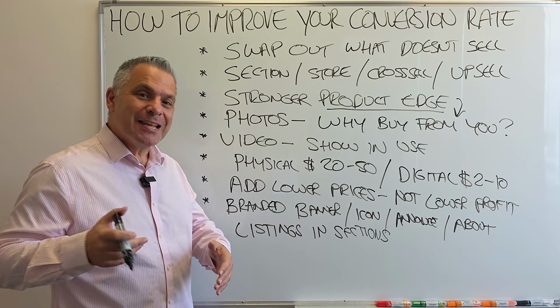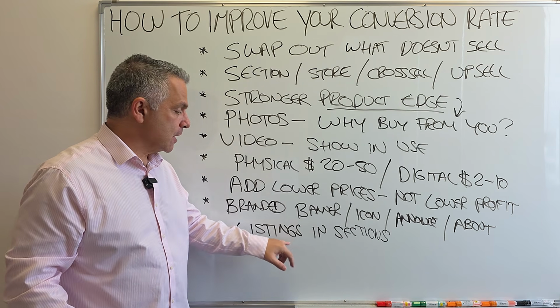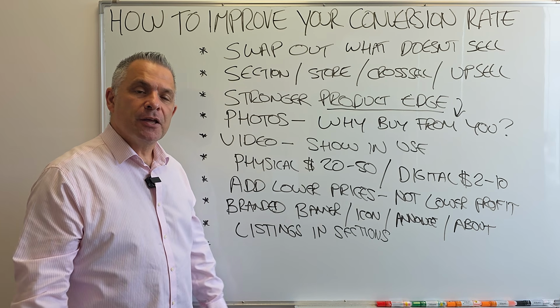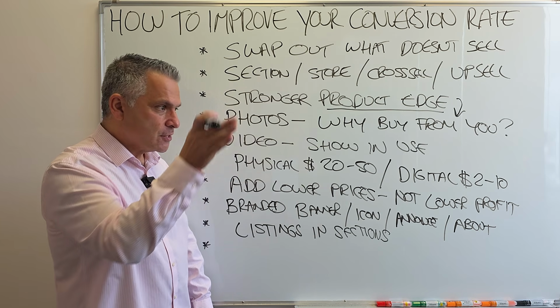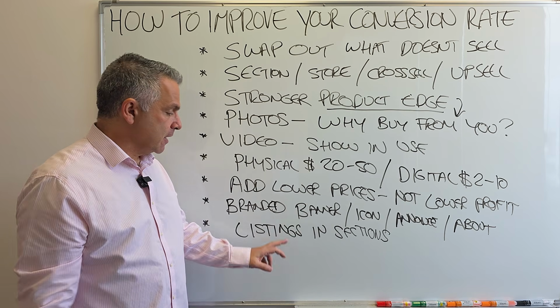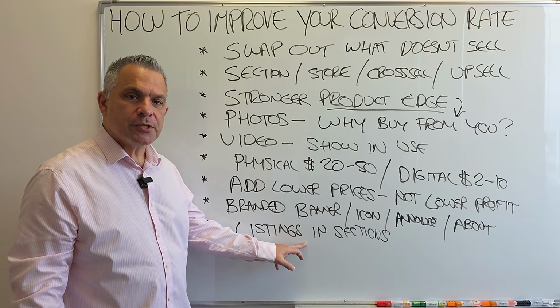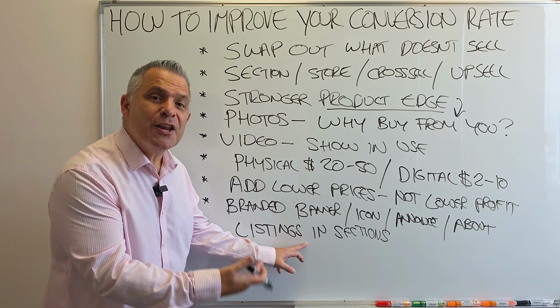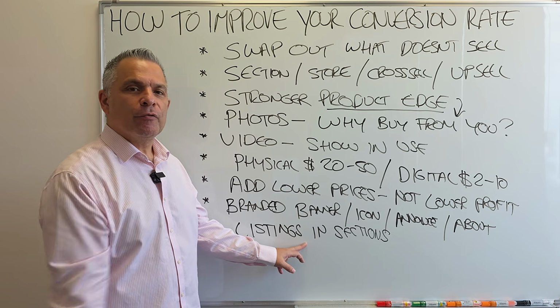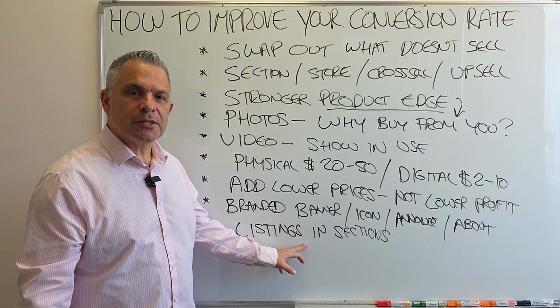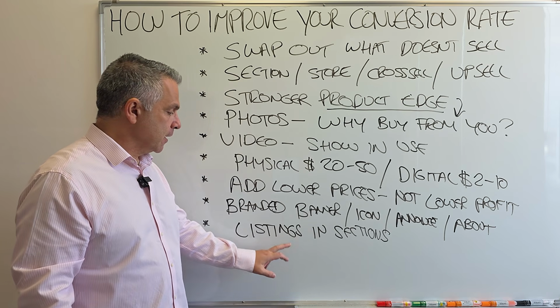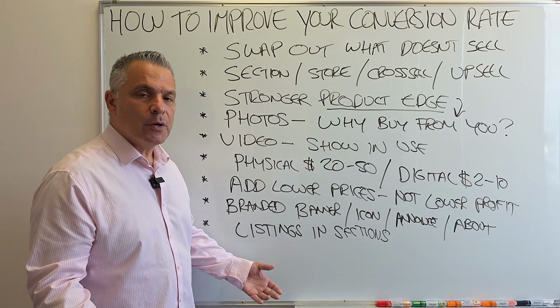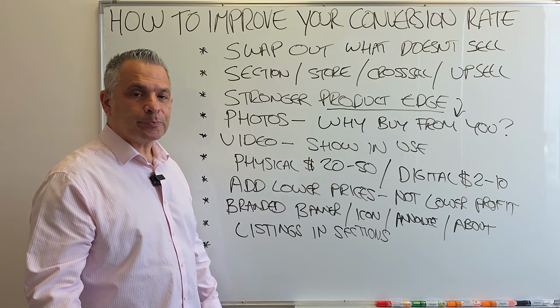Put the links inside those listings to those sections, and you're just making it easier for people to buy from you. Here's this section, here's that. Right, I can buy this, I can buy that, right? Just make it easy. The amount of people that don't even do this or don't have enough sections, they'll have like 4 sections for 200 listings. You've got to break it open, make it easy for customers to find what they need. Listings in sections, straightforward, but so many people don't do it.